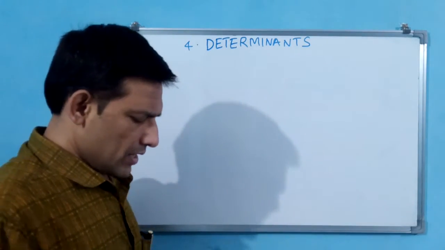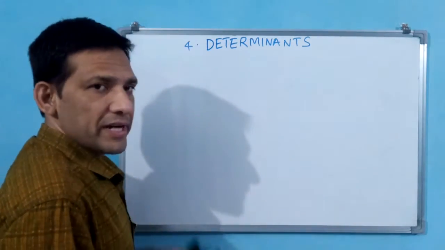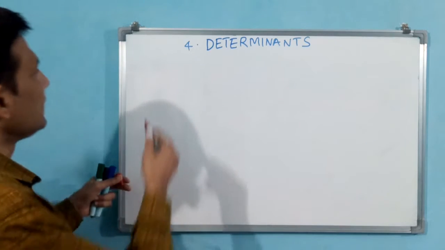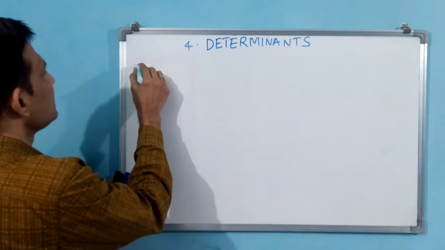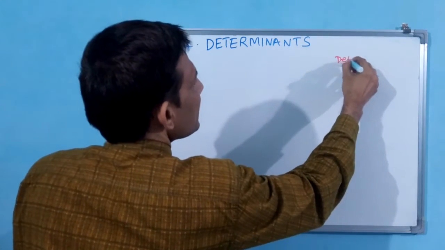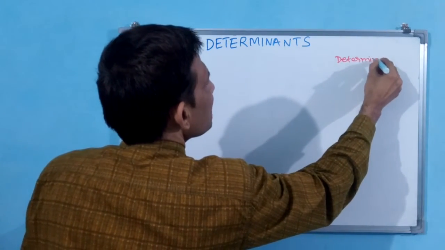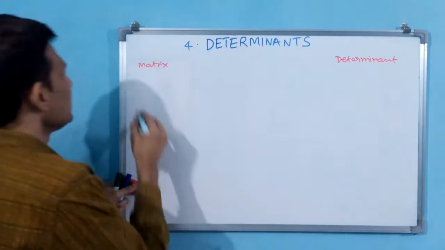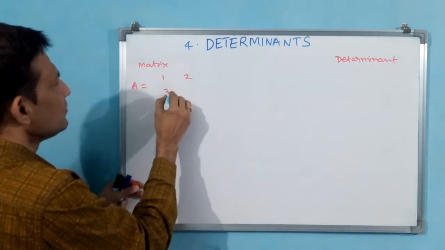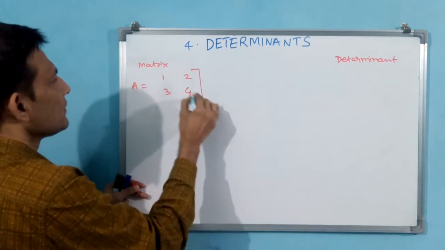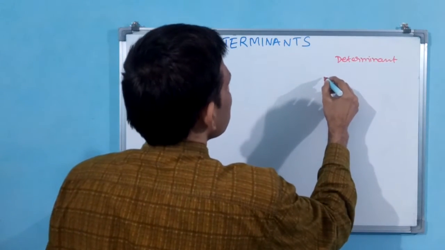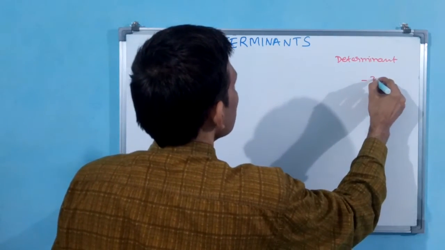Let us see what is matrix. First we will write here matrix, then we will write determinant here, then we can understand easily. See, this is matrix. And this is determinant. You see, matrix A is equal to [1 2; 3 4], then determinant is equal to -2.